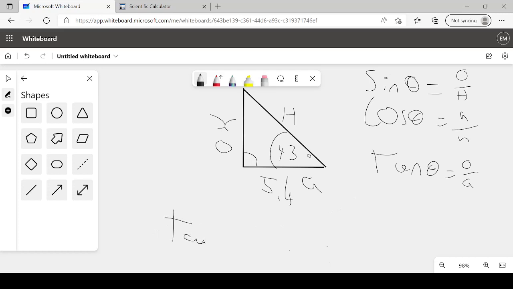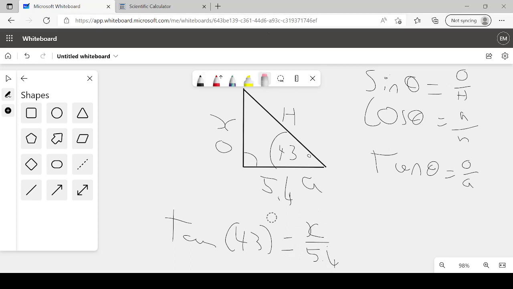Tan 43 is equal to x over 5.4. And obviously this will not do. We need to have x on its own.